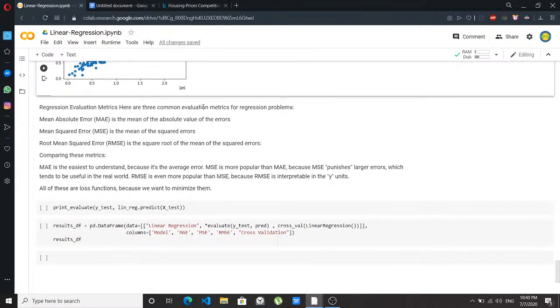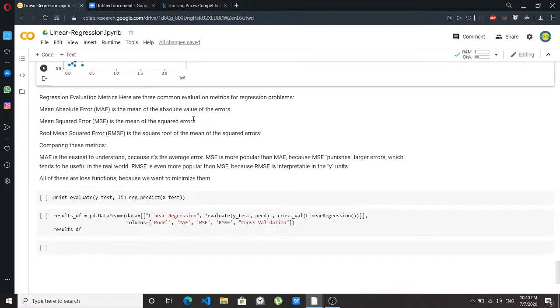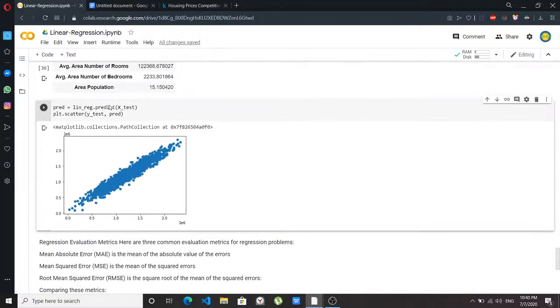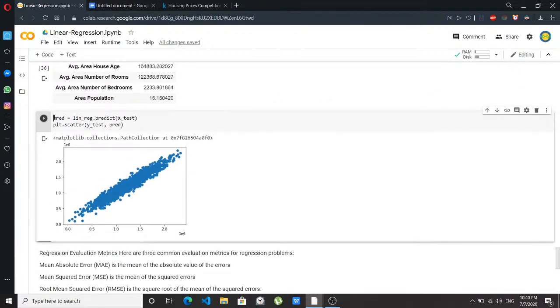That is the metrics I told you about already. That is the mean absolute error. And if you want to know the formula for these, here are the formulas. The mean square error. This is the value that we already had, and this is the predicted value. So here we have the predictions.